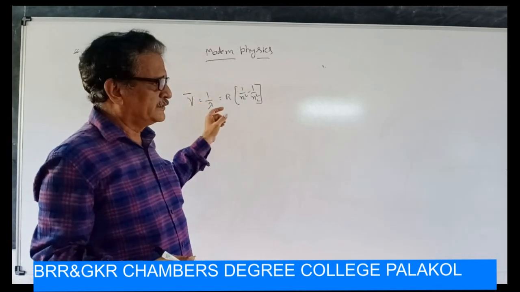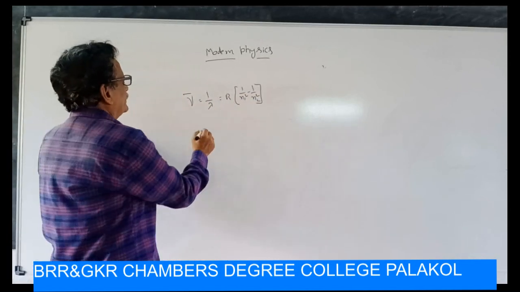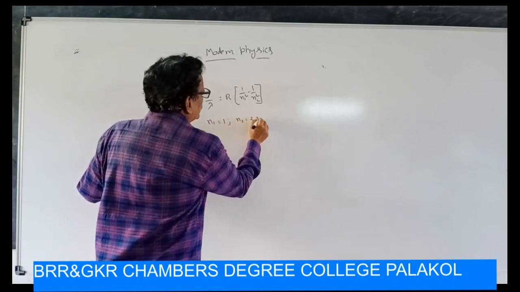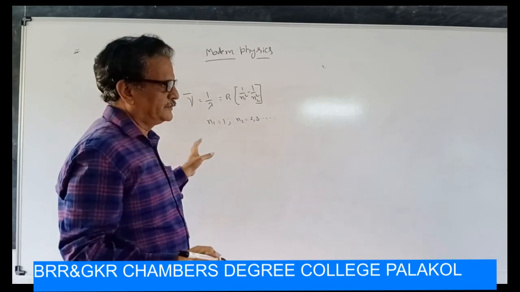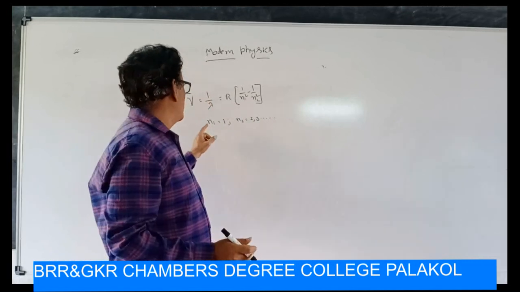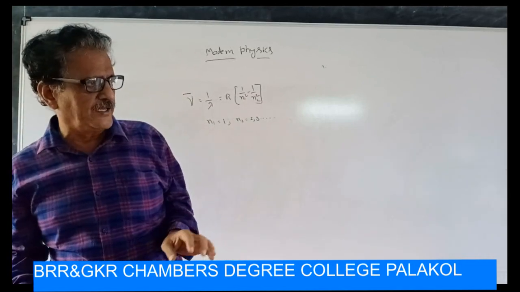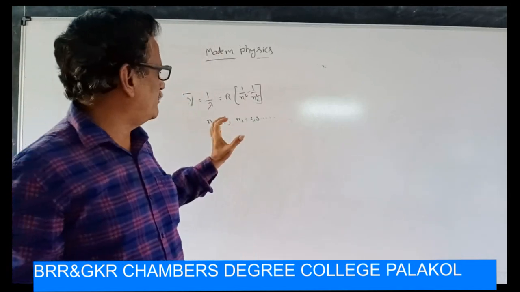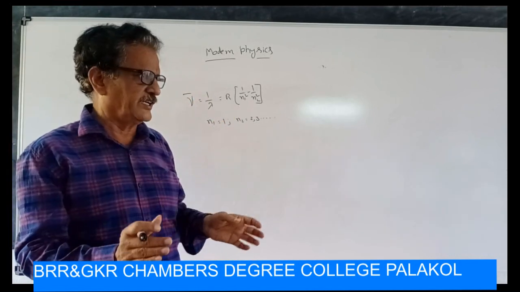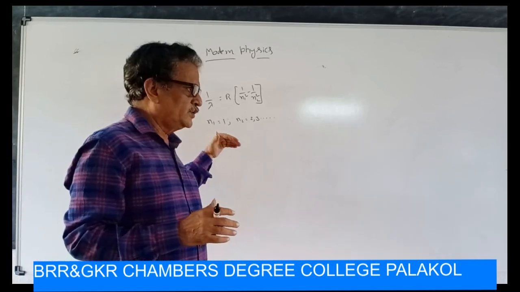If the electron jumps from a higher energy level to the first energy level, that is n1 is equal to 1 and n2 is equal to 2, 3, etc., we will get the Lyman series. Similarly, if n1 is equal to 2 and n2 is equal to 3, 4, etc., we will get the Balmer series. The Balmer series wavelengths are in the visible region. That means the visible spectrum belongs to the Balmer series.